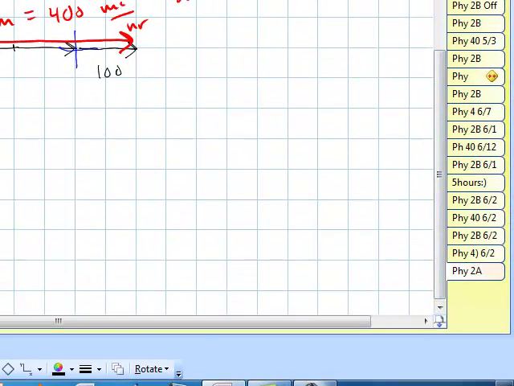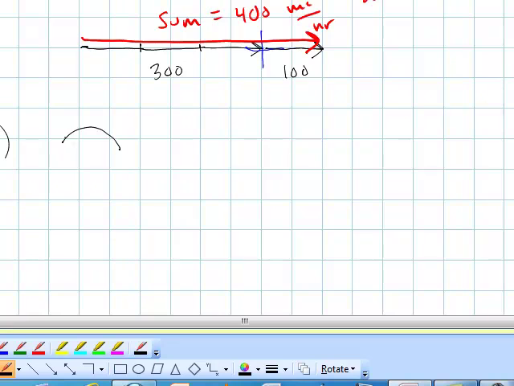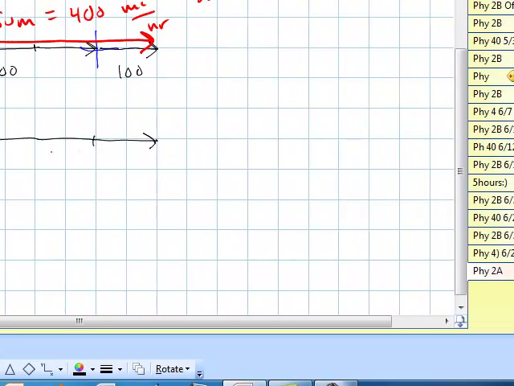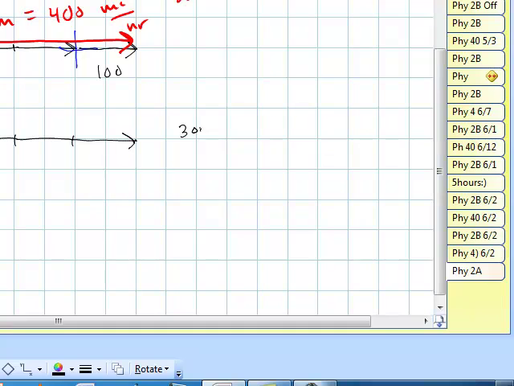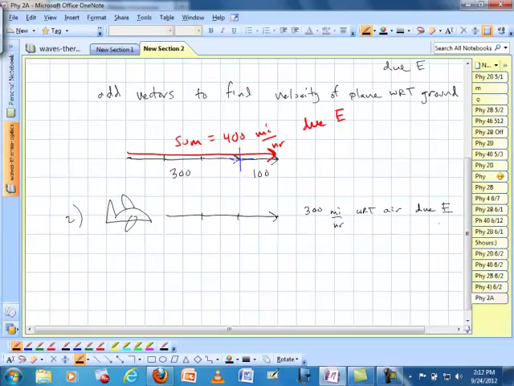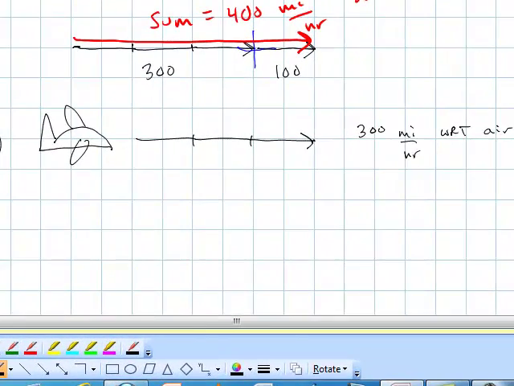So now we'll have our airplane going 300 miles per hour with respect to air, due east. And our air, let's have it going, how about north?